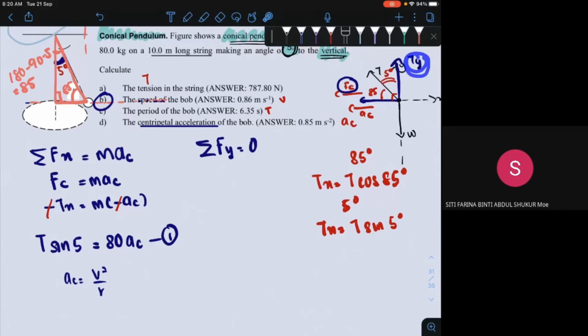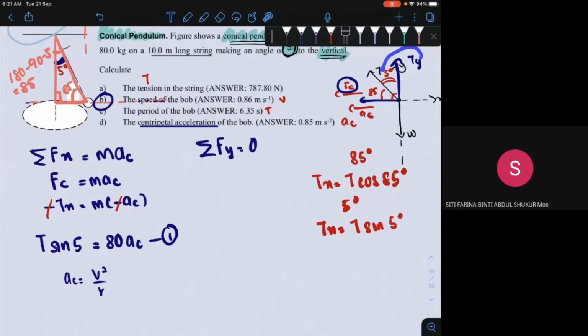Okay, tension kita ada along X, ada along Y. So tak kisahlah kita nak guna informasi which component untuk cari kita punya tension itu. Kalau nak guna X boleh panjang, banyak unknown. Kena cari unknown-unknown lain baru boleh cari tension. Okay, so dia tak menjawab kedudukan soalan. Maksudnya awak akan cari V dulu baru awak cari tension.